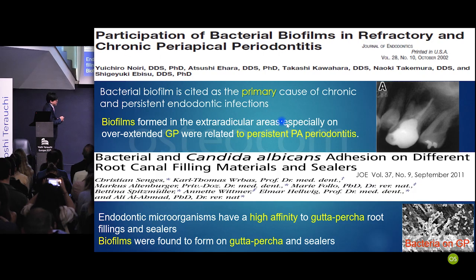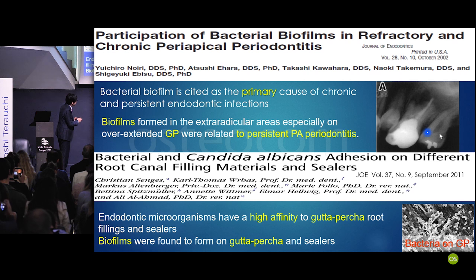Because a study from Osaka University showed they located biofilms on gutta-percha in the sealer. And this is another study that came after the initial study done by Professor Ebisu.